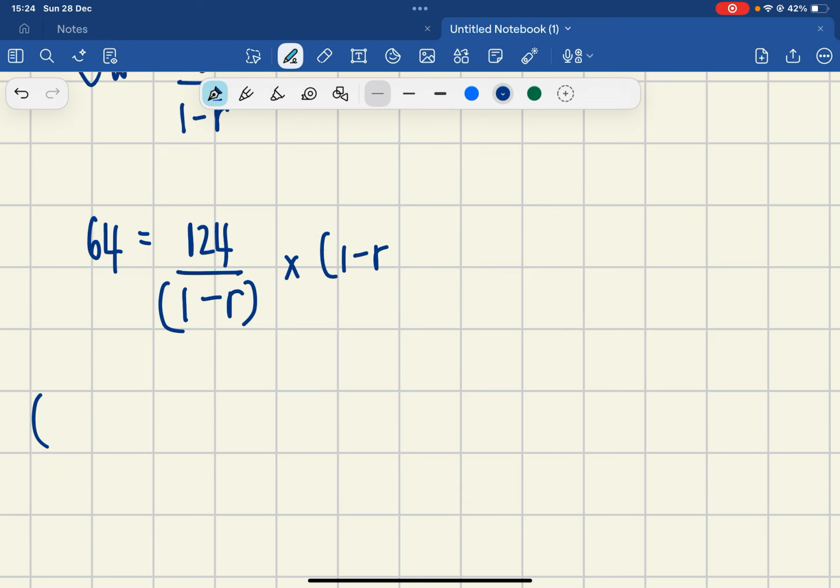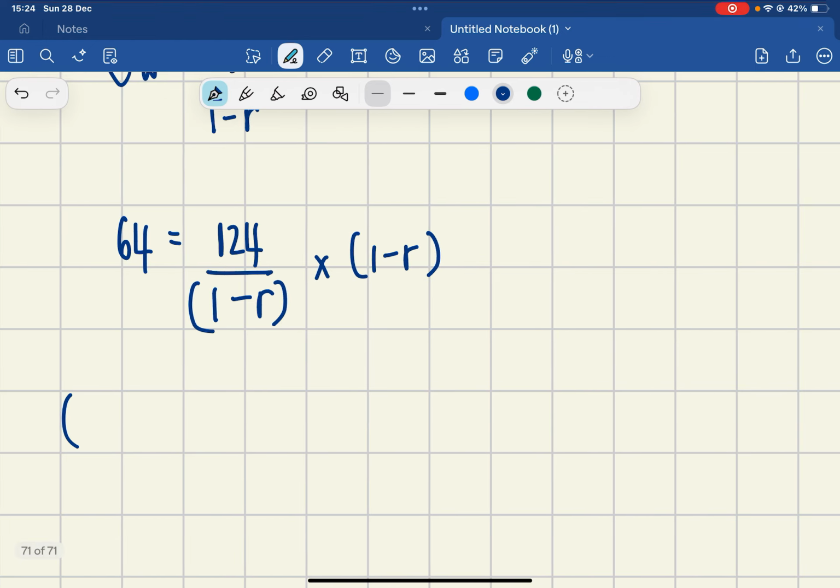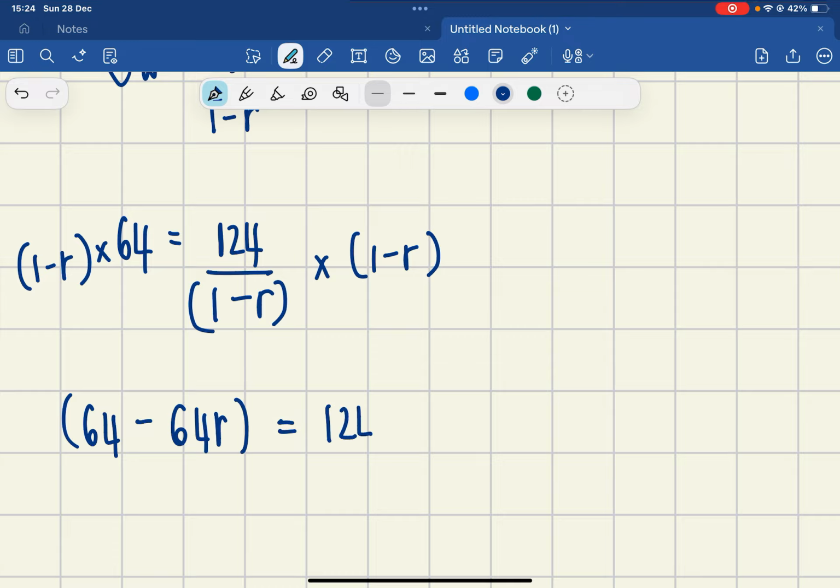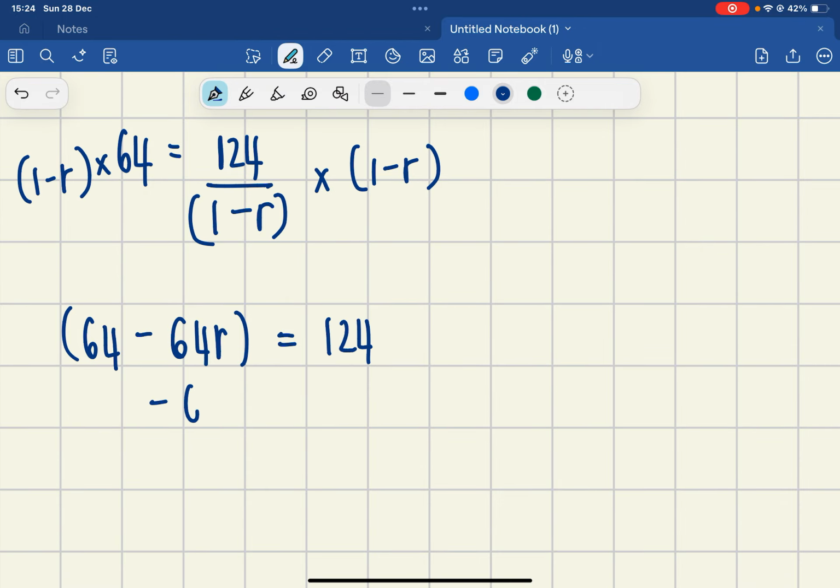Multiply both sides by 1 minus r, and we would have 64 minus 64r is equal to 124.